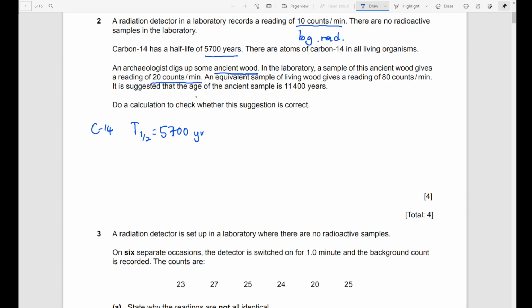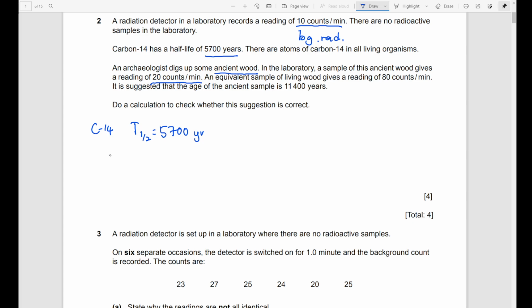So when he brought this ancient wood into his lab, where we know that before in the lab there is background radiation of 10 counts per minute, what is the reading detected by the detector? It gives 20 counts per minute.